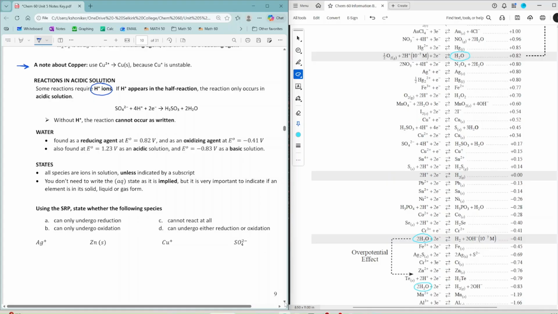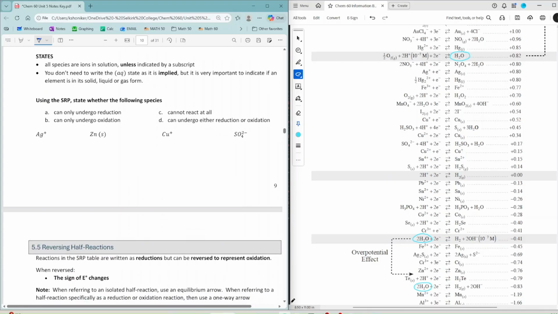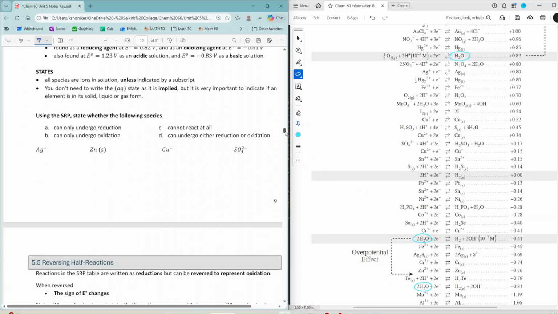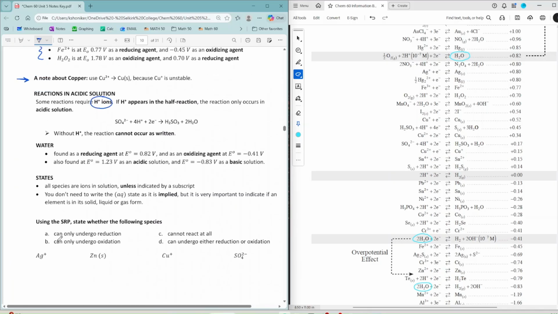Okay. Let's use the table. So this question is kind of tricky, but I've done everything up here to help you so you don't actually have to use the table so much. But what we want to look at is, are these ions weirdos, right? Do they only undergo reduction, or do they only undergo oxidation?